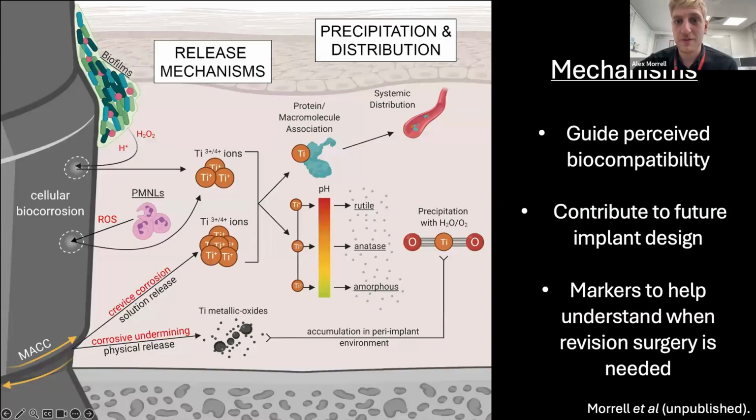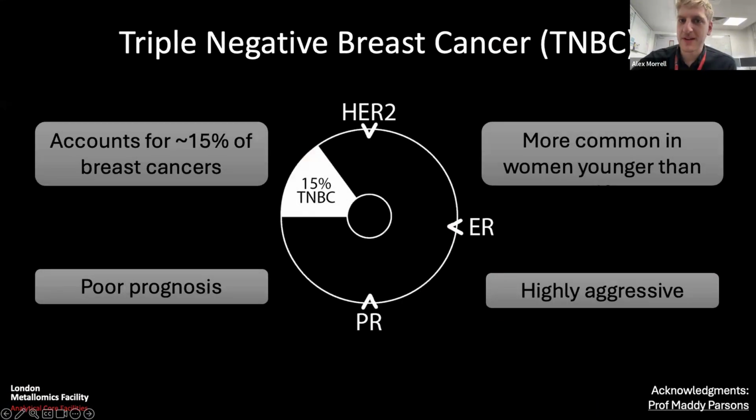And also, it can guide us to tell when we need to make a surgical intervention for that patient as well. So that's some of the reasons why we want to do this sort of work.